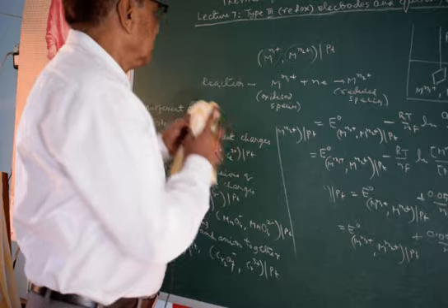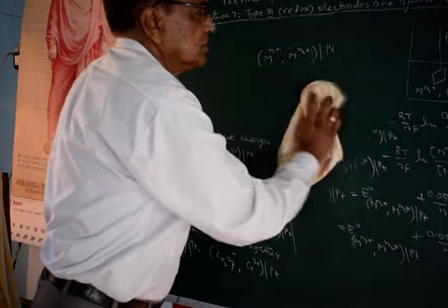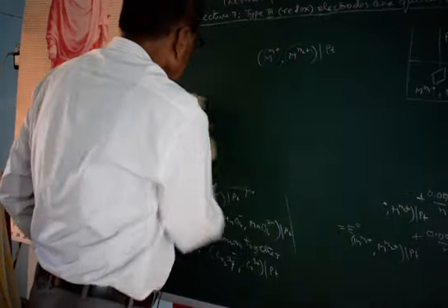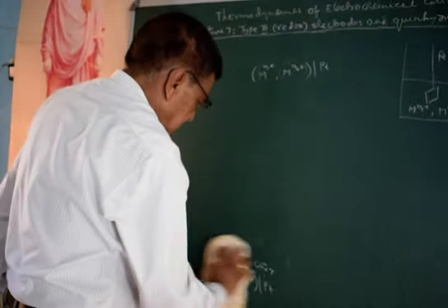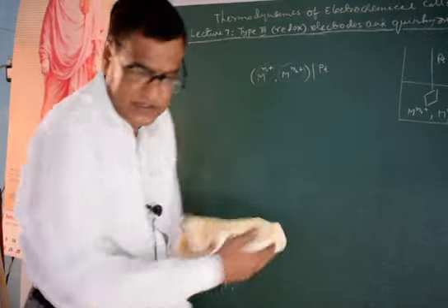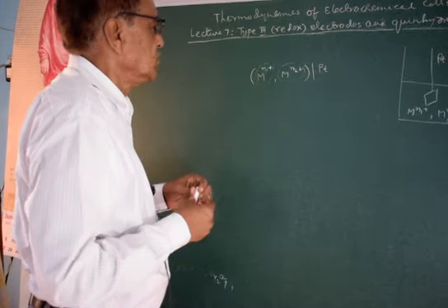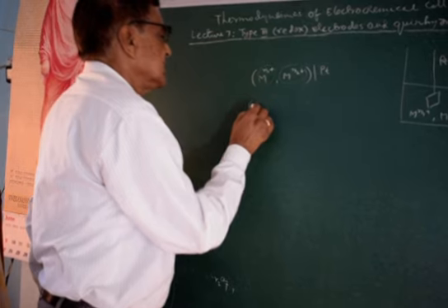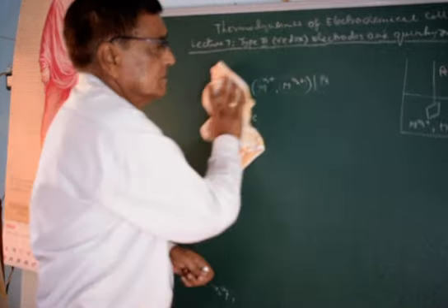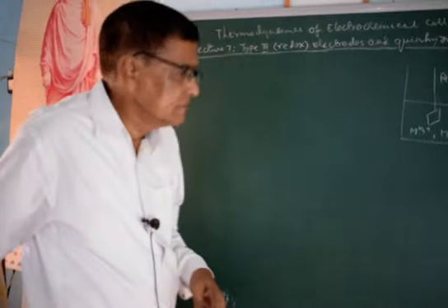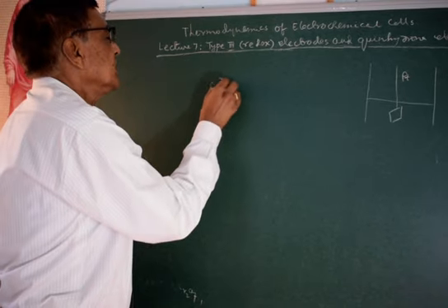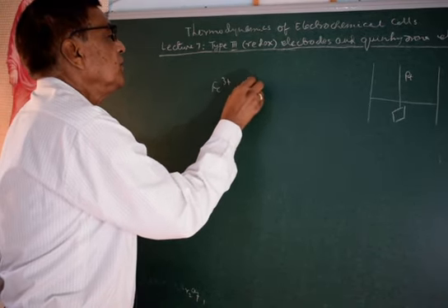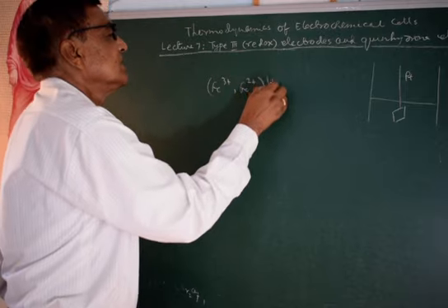One example of this redox type of electrode is ferric ferrous. This one is very simple and is also used in redox titrations. It is Fe3+, Fe2+ in solution, with platinum.